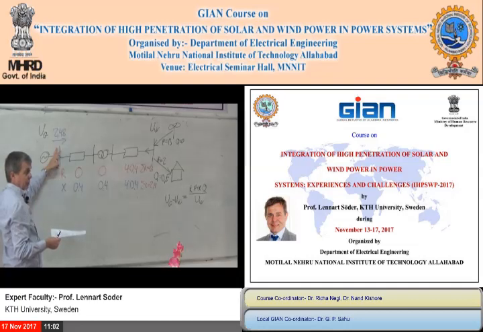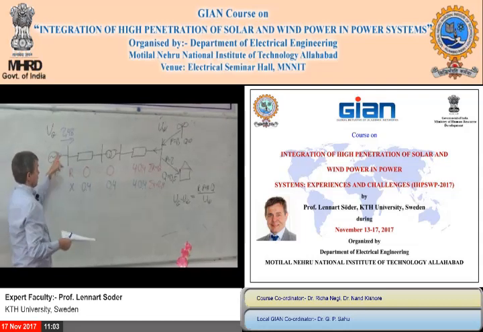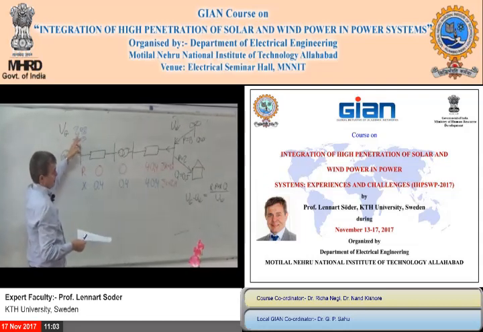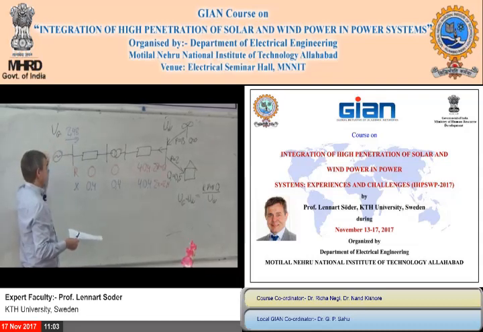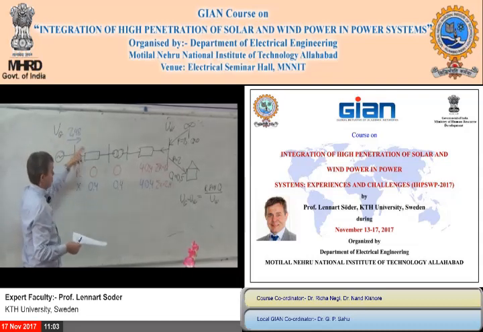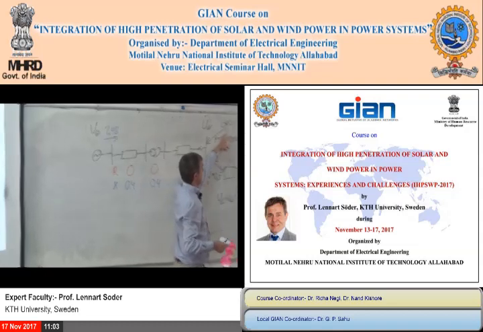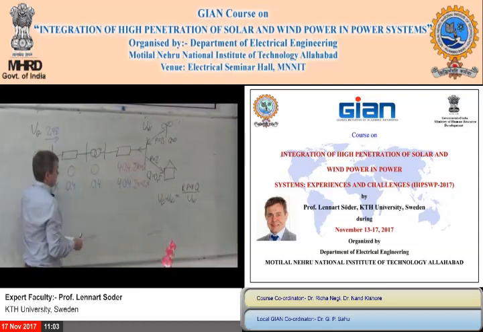The question is how to handle that. Can you keep that down to zero? Because that is, for example, the rule in Sweden, that the distribution grid should not consume any reactive power from the transmission grid. So in Sweden this would not have been acceptable. Okay, it's very small levels, but anyhow, that was the idea: can you use the reactive power here in order to control this one.